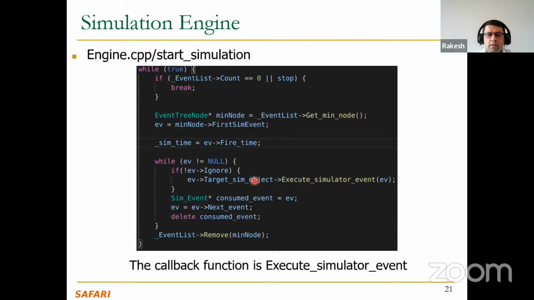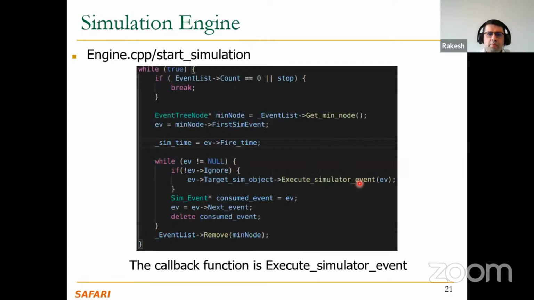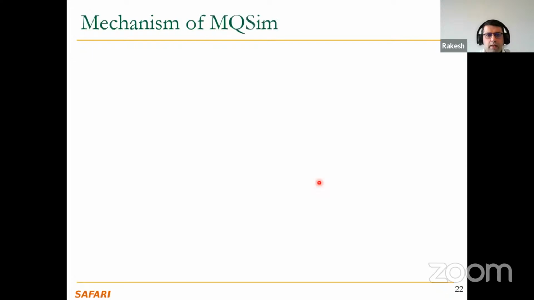So as we saw here, the callback function is the execute simulator event. Each component in MQSim will have to implement this execute simulator event, and when the node gets added to the RB tree, the callback function gets executed once the event is completed.